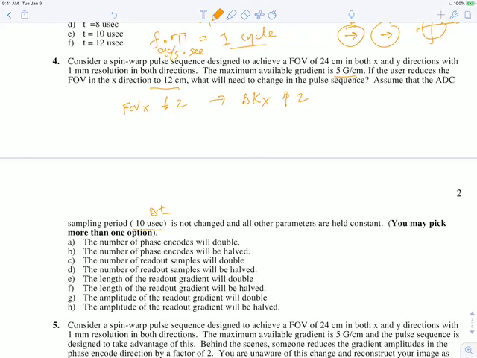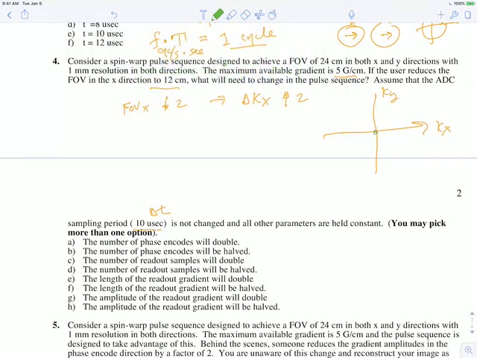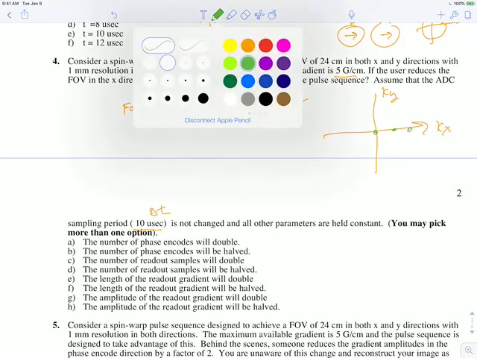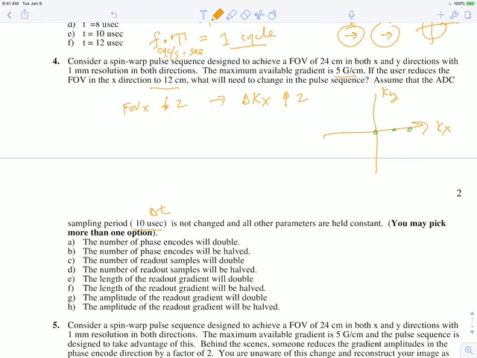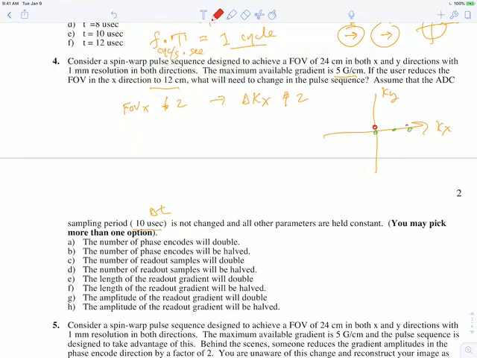If I'm thinking about sampling in k-space, this is my kx and this is my ky. If originally my sampling was like that, now the delta kx is going up by a factor of 2, so I'm going to be sampling here and here. This is my new delta kx.